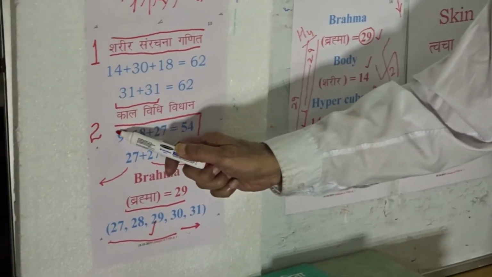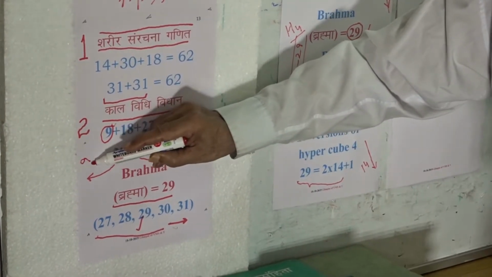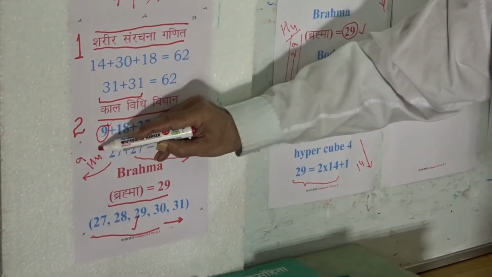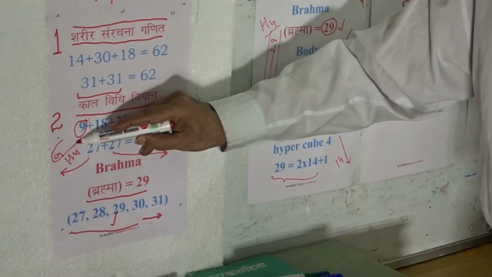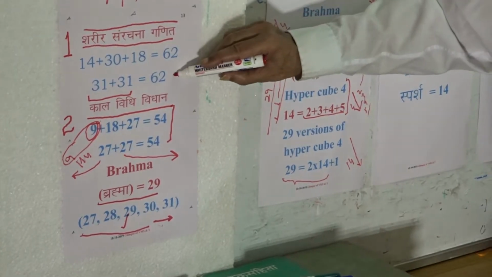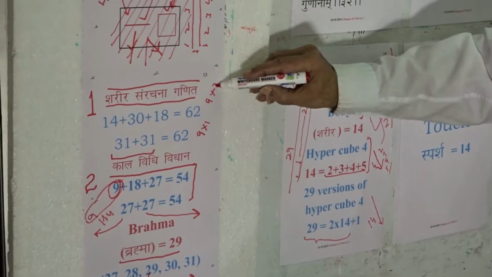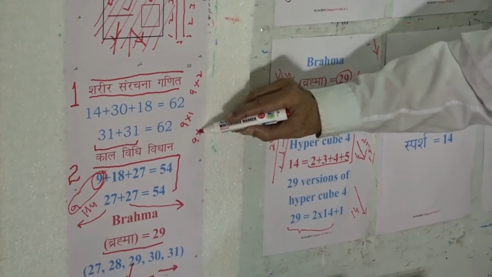Kal as value 9 is parallel to the 9 geometries range of hypercube 4. So this 9 geometries range of hypercube 4 sequentially will take us from 9 into 1 to 9 into 2 to the next stage of 9 into 3.